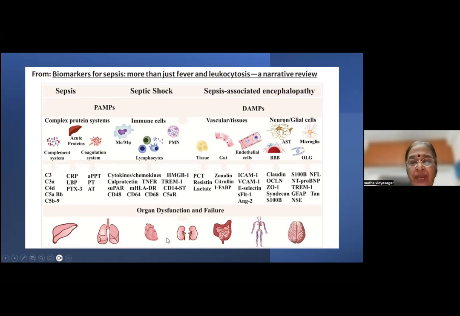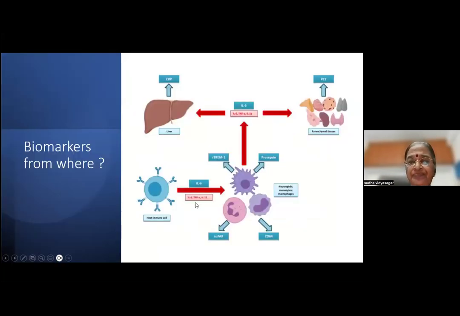That's how he dies. And to find out the presence of sepsis, we are using these biomarkers because they are faster than your usual cultures. Their turnaround time is much less, and you can get some guidance as to whether your patient is better or not. Okay, so this is the whole overall view of what happens in sepsis.